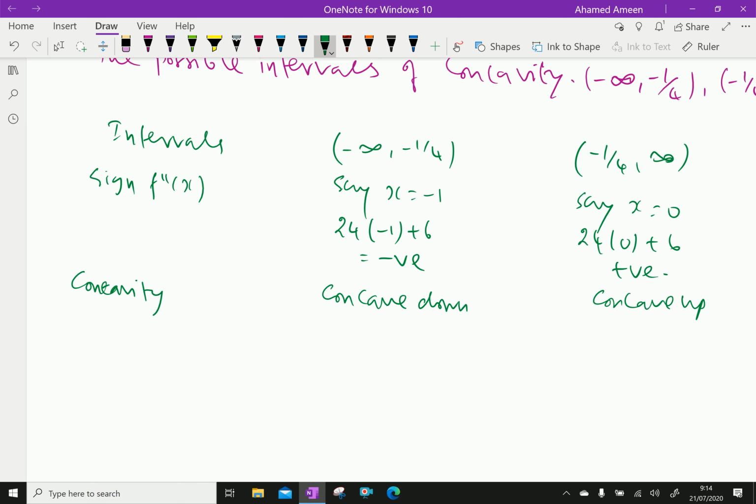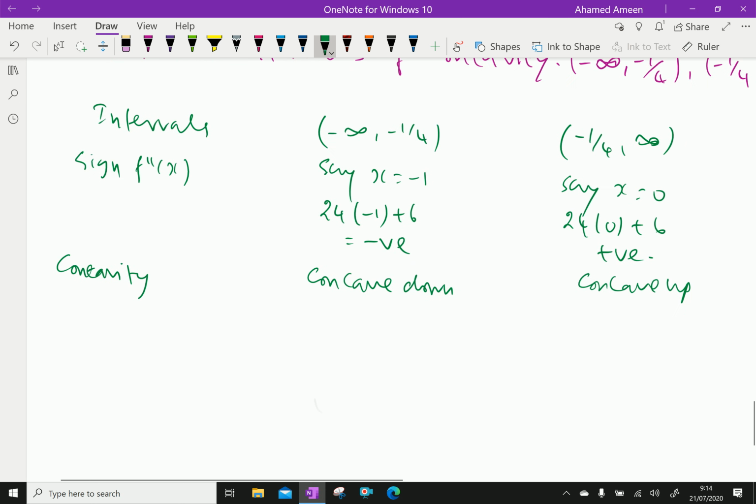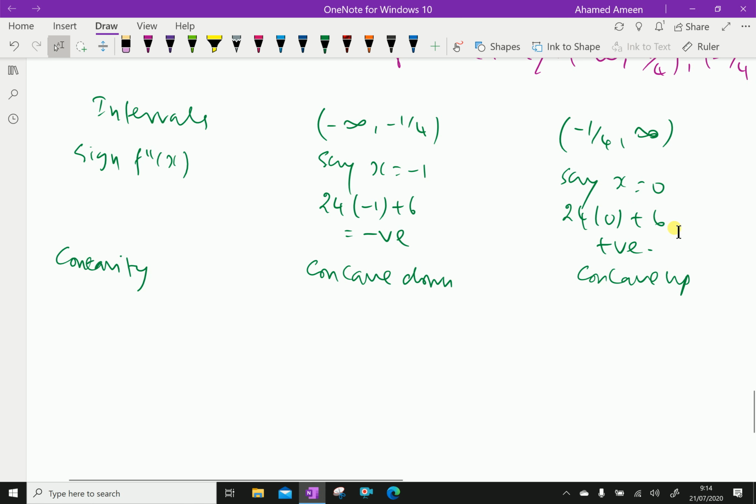Minus is concave down, positive is concave up.